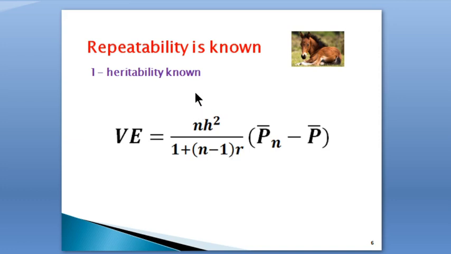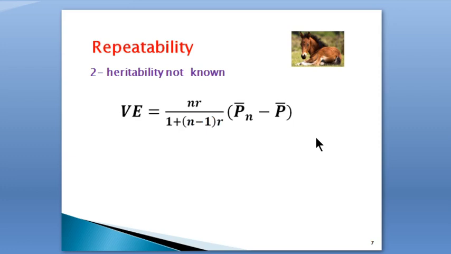So when the heritability and the repeatability are known, the formula becomes this, where n represents the number of measurements of the performance, h squared is the heritability, r is the repeatability, Pn is the average mean performance of n number of repeated measures, and P here is the average mean of the population for the performance that is being measured.